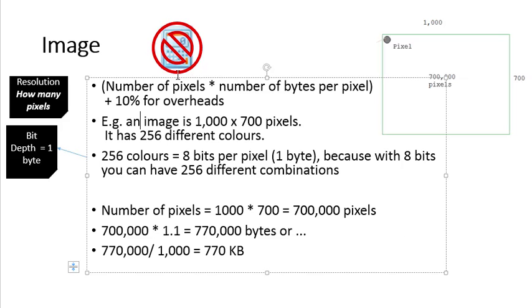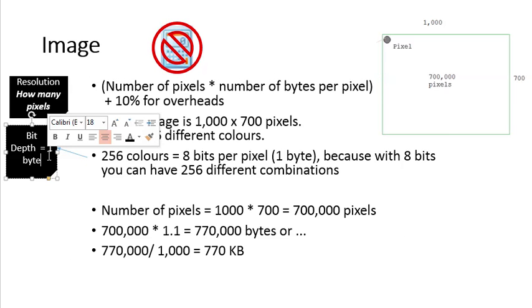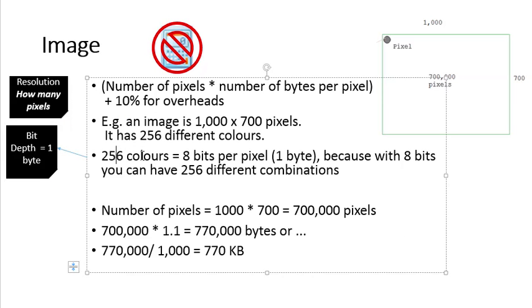In this example, we've been told an image is 1000 by 700 pixels, and it has 256 different colors. You would need to understand that you need only 1 byte. So the color depth will be 1 byte, or 8 bits. You need only 8 bits to represent 256 colors, because there are 256 states in 8 bits.